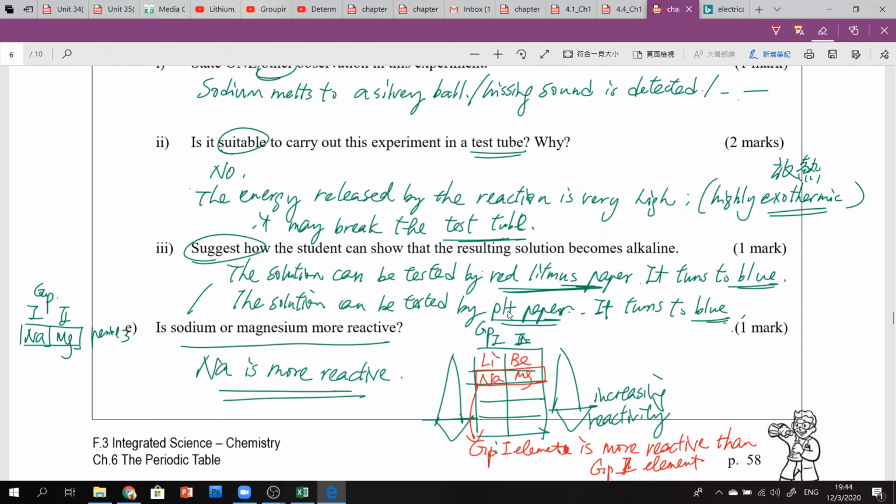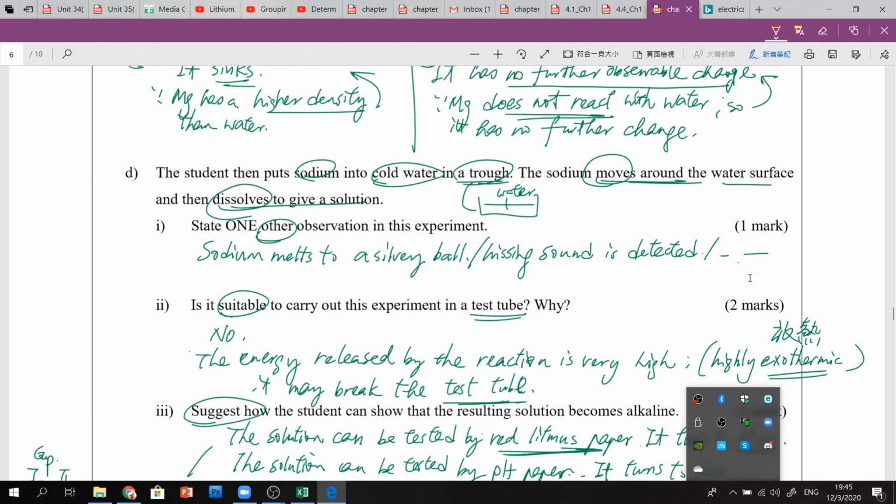So what is that comparison? The comparison is made on the condition that they are in the same period. They are in the same period, okay? So this is what I would like to show you for that part.